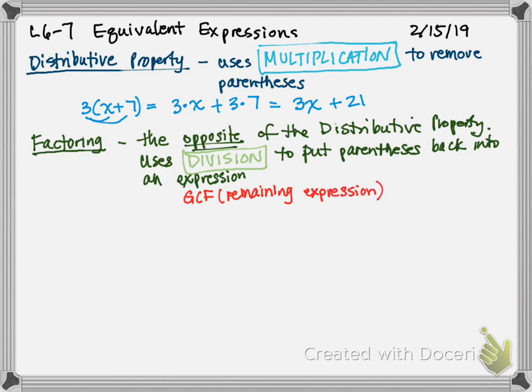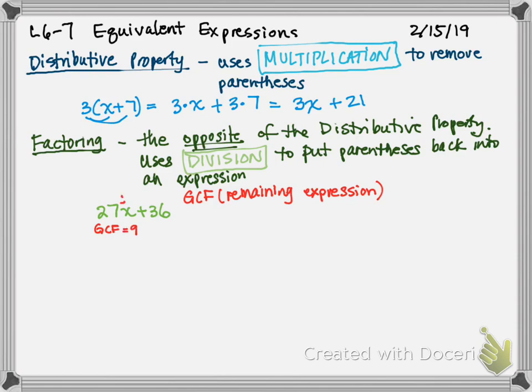Okay, so let's do an example of this one. We have 27x plus 36. I want to think of what the GCF of 27 and 36 is, and it turns out that the GCF is equal to 9.